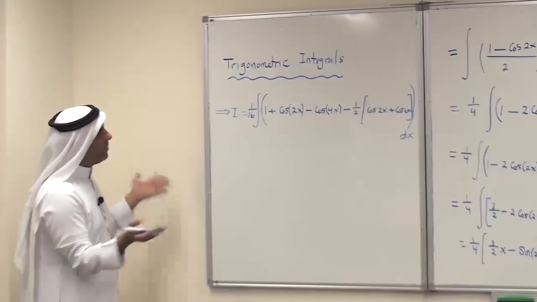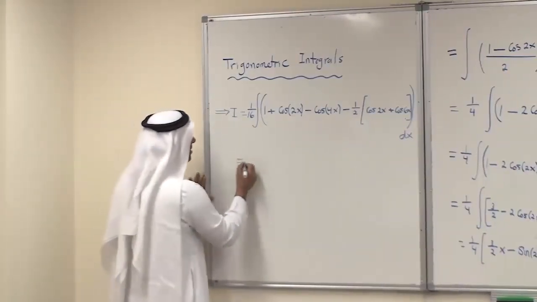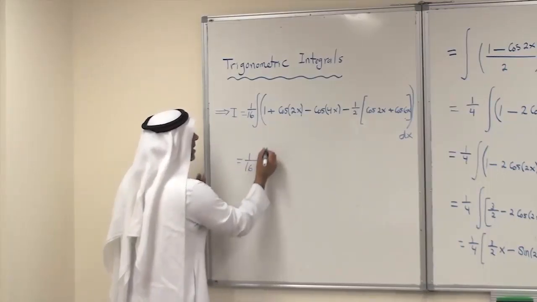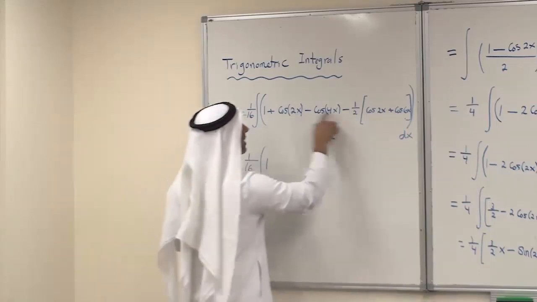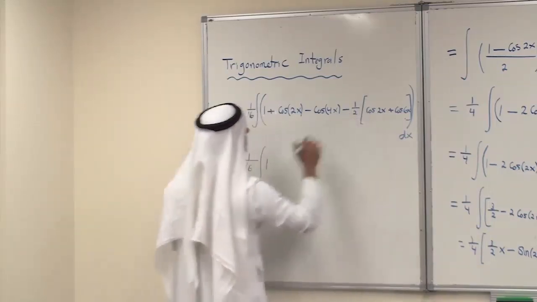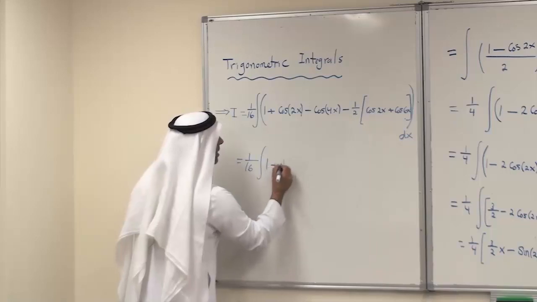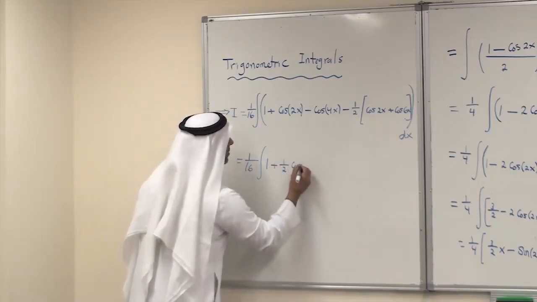Everything is fine now. You are at the last stage of the solution, so this is 1 over 16. Now, let us simplify again. We have cosine 2x minus 1/2 cosine 2x, so that is plus 1/2 cosine of 2x.